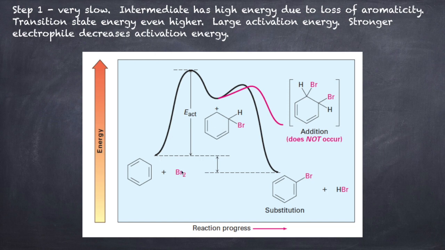Now, if you only have bromine, this activation energy is so high that the reaction is incredibly slow. So what we usually do is add some reagent to generate a stronger electrophile. What would make it a stronger electrophile? It being less stable, higher in energy. So we raise the energy of the reactants. And what does that do? It decreases the activation energy and makes the reaction go faster.